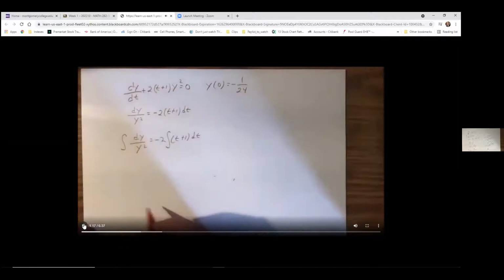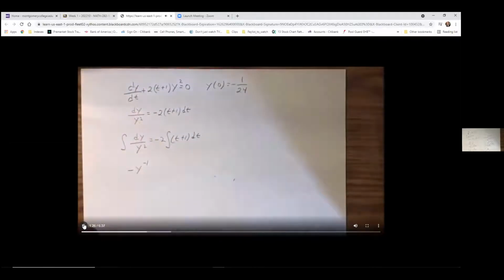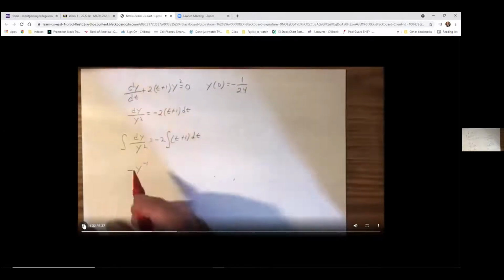All right, now this integral is, let's see, it's y to the -1, minus. I always find that when you have simple integrals, it's easier just to figure out what derivative will give me this integral, right? If I take the derivative of this, bring down the -1 times the minus here, that gets rid of the minus sign, and then you get the -2.